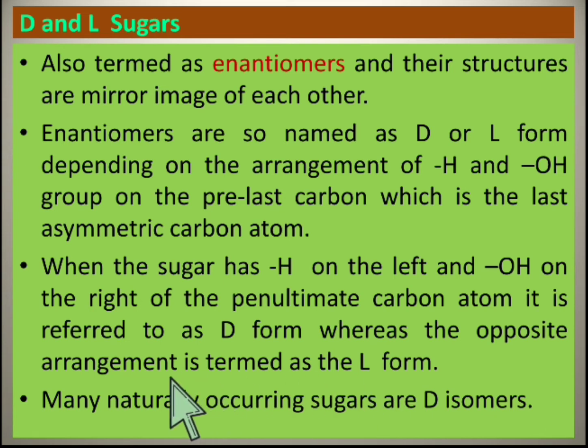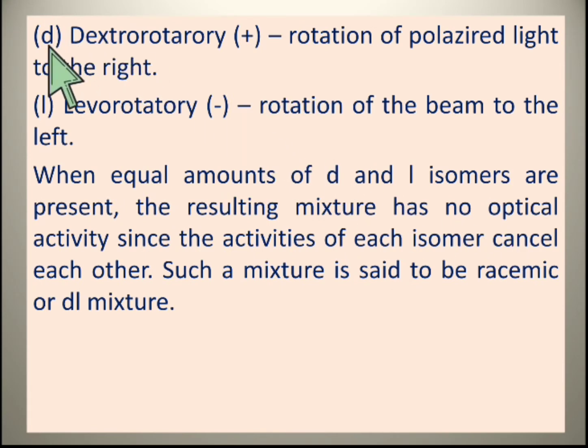Many naturally occurring sugars usually exist as D isomers, indicated by capital D and capital letter L. Just remember that small letter d and small letter l indicate the rotation of polarized light, whether to the right or to the left, also indicated by a plus and a minus sign.